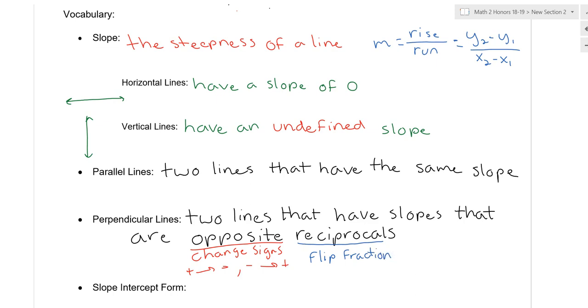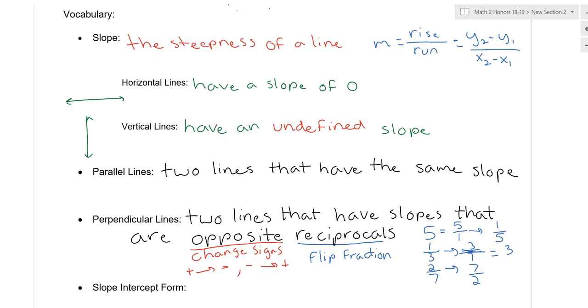So some examples of that are, if I have the number 5, that's the same as saying 5 over 1. So when I flip the fraction, I get 1/5. If I have something like 1/3, and I flip the fraction, that's 3 over 1, which is just 3. I could also have something like 2/7, and I flip the fraction and get 7/2. Okay, it doesn't reduce or do anything. So that's what that reciprocal means.